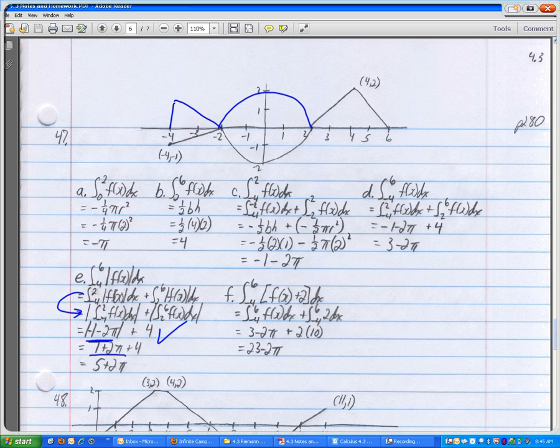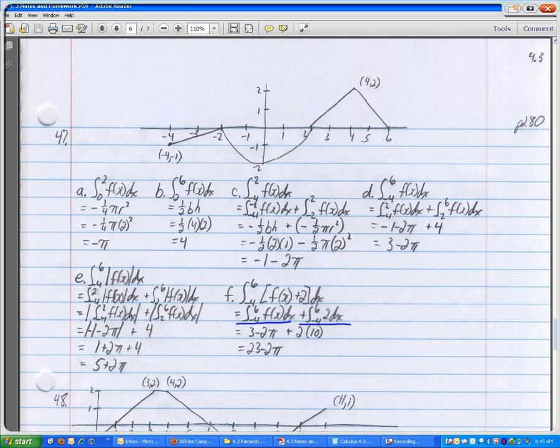Okay. And the last one. The integral from -4 to 6 of f of x plus 2 dx. Make that the integral from -4 to 6 of f of x dx plus the integral from -4 to 6 of the second term, 2 dx.